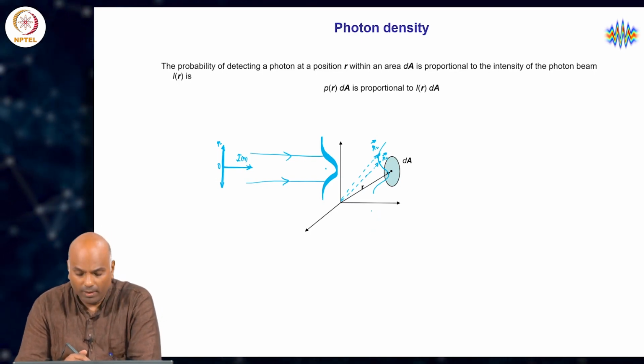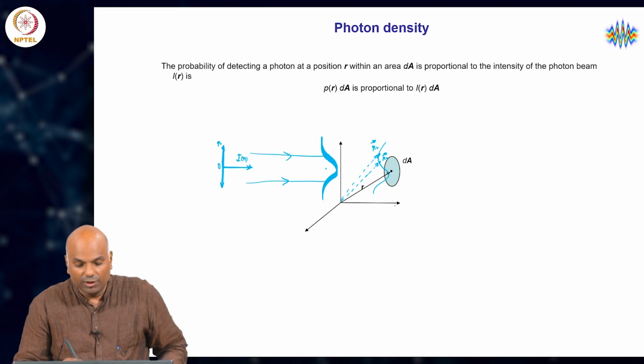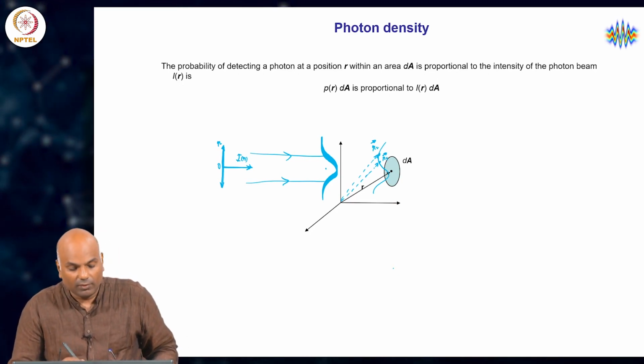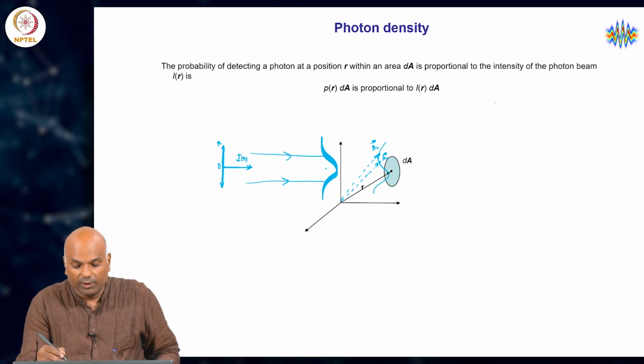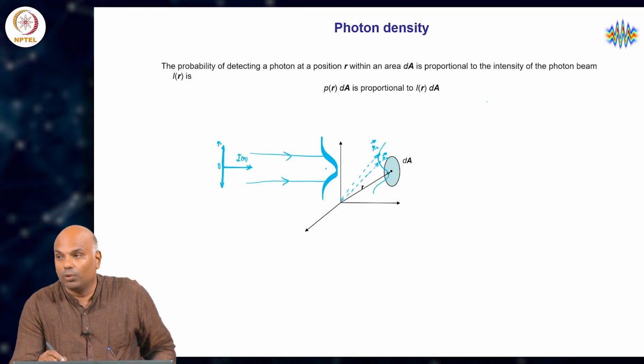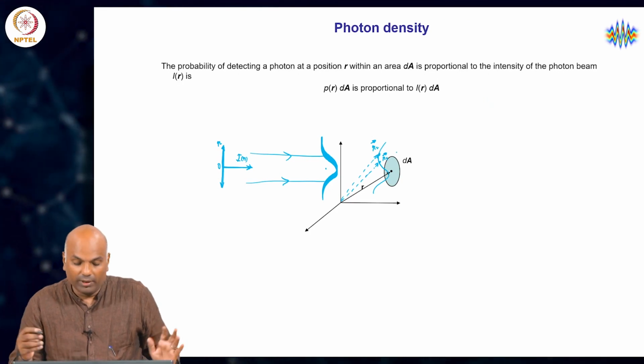Okay. So, this essentially now gives us a correlation between intensity and detection probability of a photon at any given point in space.